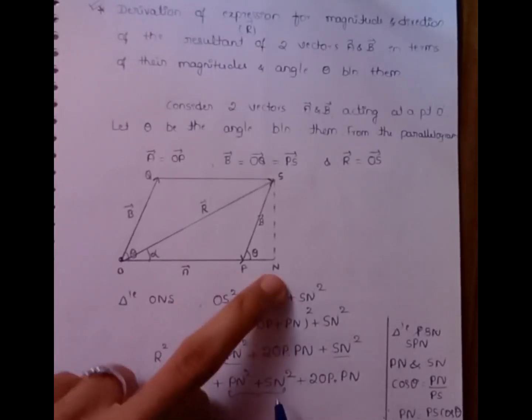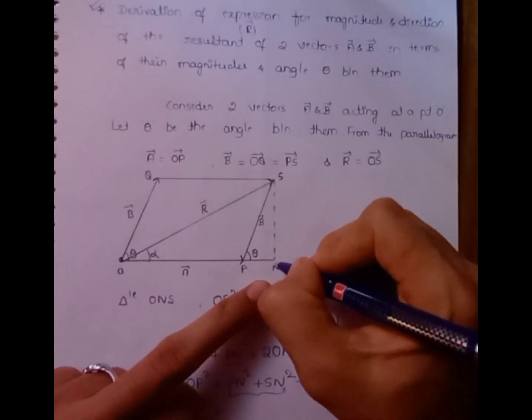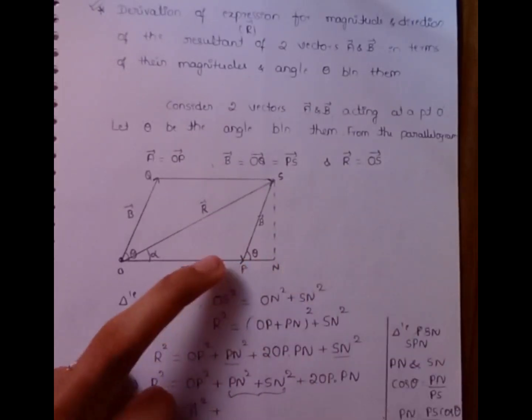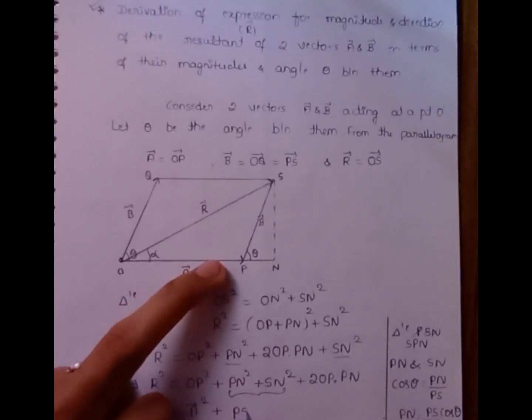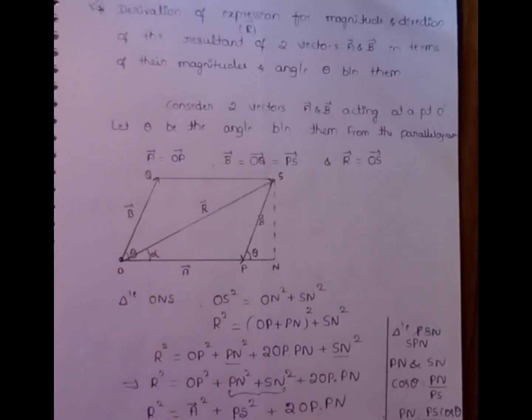PN square plus SN square. PN square plus SN square is equal to PS square, which is by Pythagoras theorem. PS square plus 2 into OP into PN. So therefore vector R, this is the resultant in vector form.